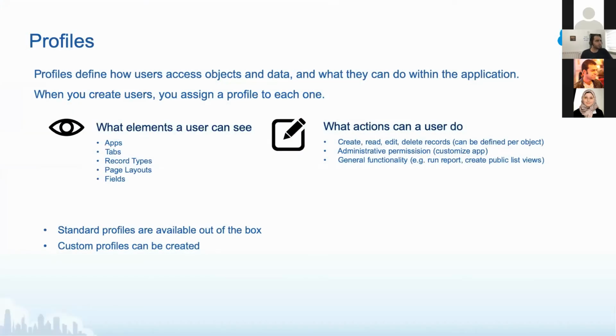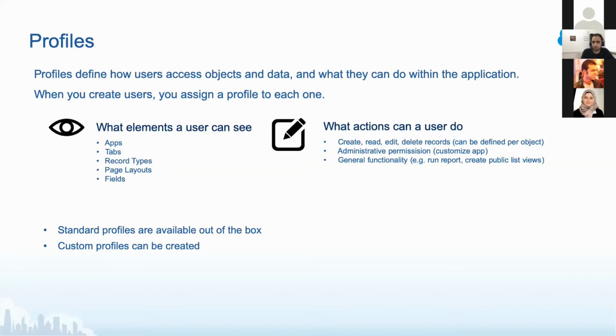Profiles define the user access to objects and data. This is your first level that you can use to control user access for your org. Profiles control what you can see in terms of apps on Salesforce, tabs, record types, page layouts, fields, and so on.